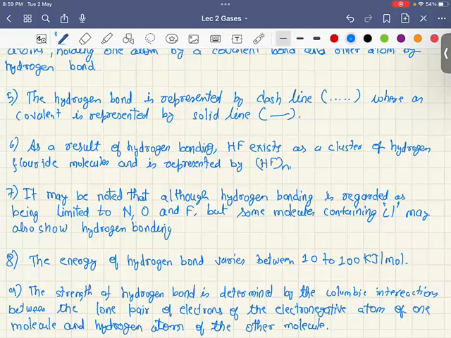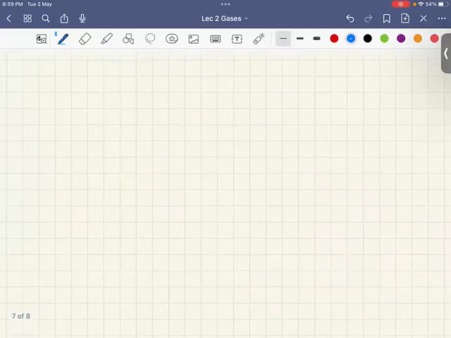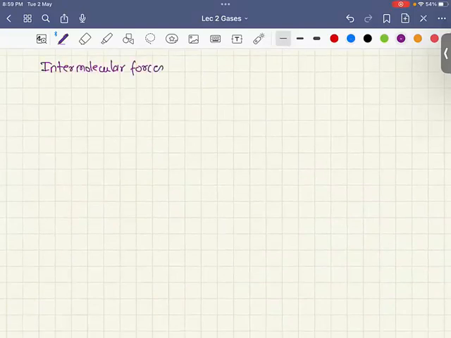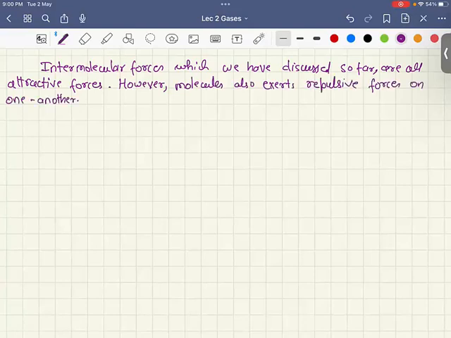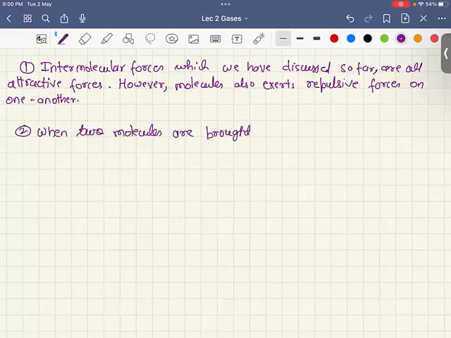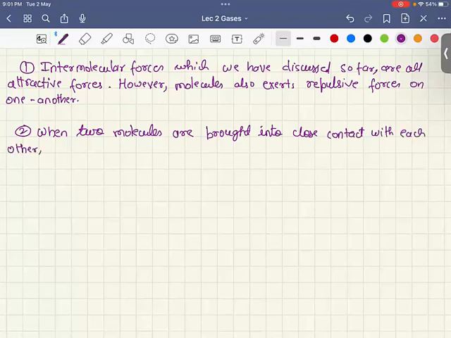Right? So let us also write this down. Intermolecular forces which we have discussed till now are all attractive forces. However, molecules also exert repulsive forces on one another. When two molecules are brought into close contact with each other, the repulsive forces may also start operating.